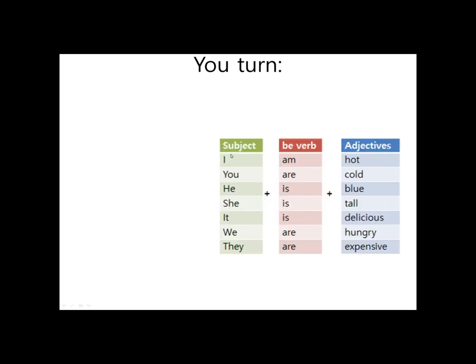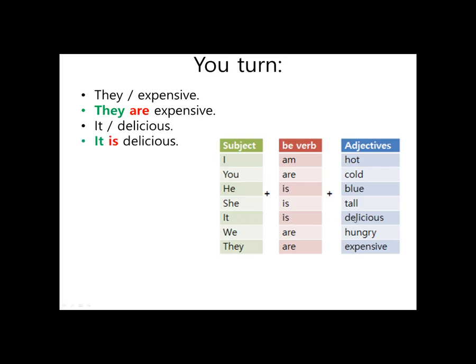Okay, so let's check together. So they expensive. They are expensive. It delicious. It is delicious. He blue. So we have he is blue.